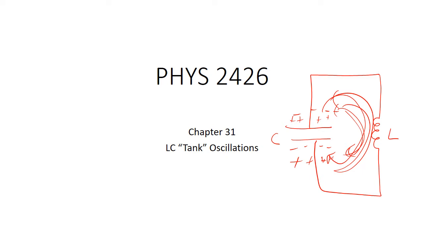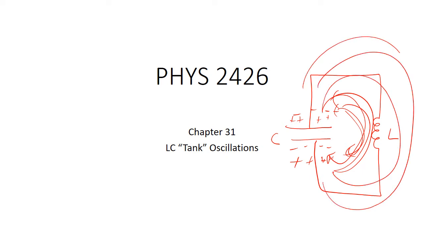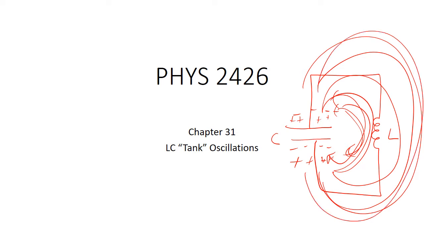So current flows one way, and then it flows the other way, then it flows the first way, then it flows back the other way. And so current goes back and forth with a characteristic frequency that depends on the circuit elements themselves. And so this is sometimes called a tank circuit, because this sort of oscillation occurs anytime you have this capacitor inductor pair like this in a circuit.